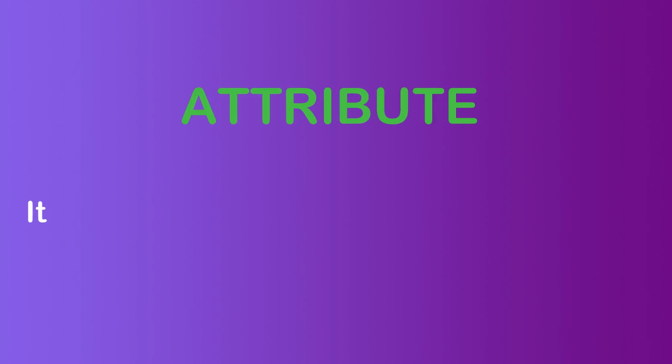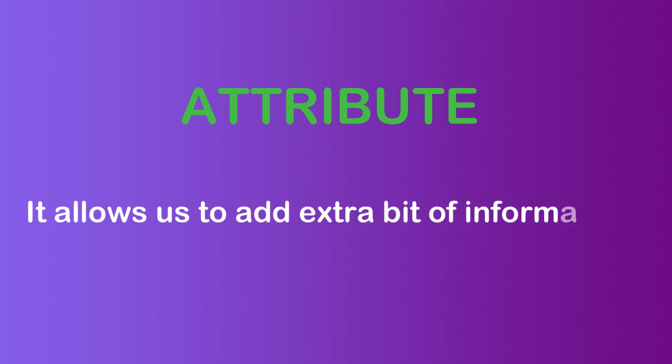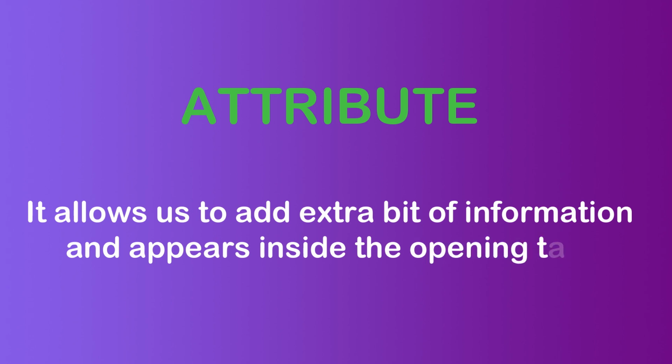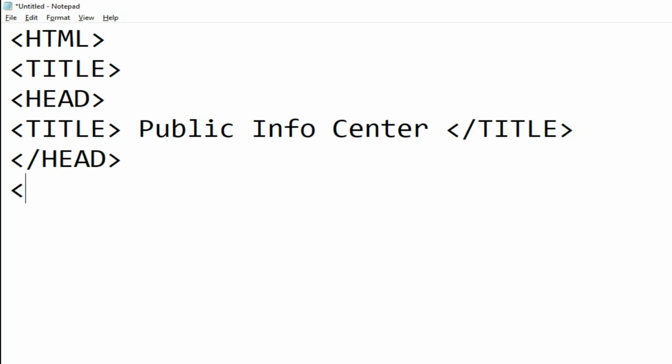Next is your attribute. An attribute allows us to add an extra bit of information and appears inside the opening tag. Okay, so here head close. Suppose take the example of the body tag.